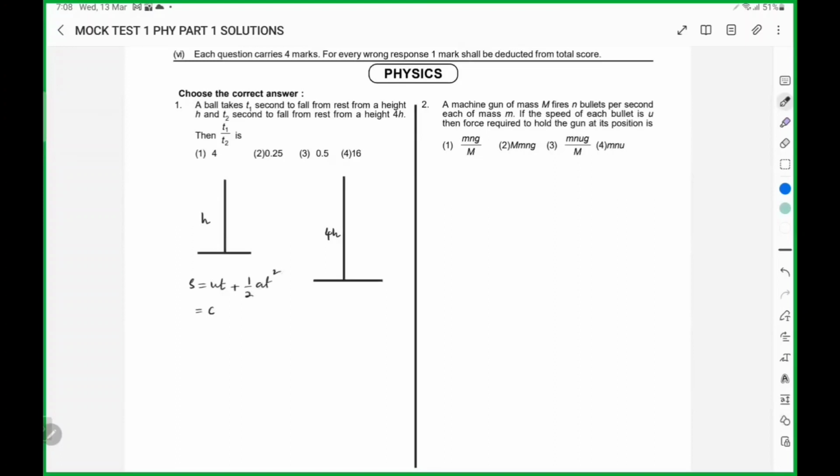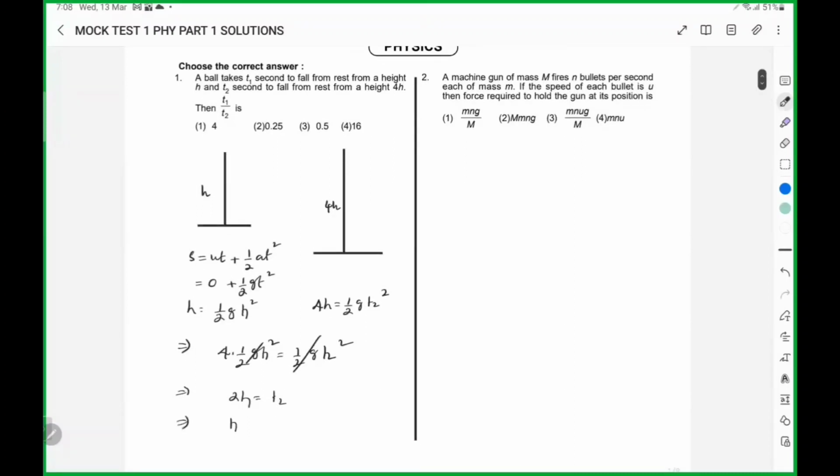Since it is freely falling, h is half g t1 square, where 4h is half g t2 square. 4 times half g t1 square is half g t2 square. So 2t1 is t2. So t1 by t2 is half, which is 0.5 seconds.